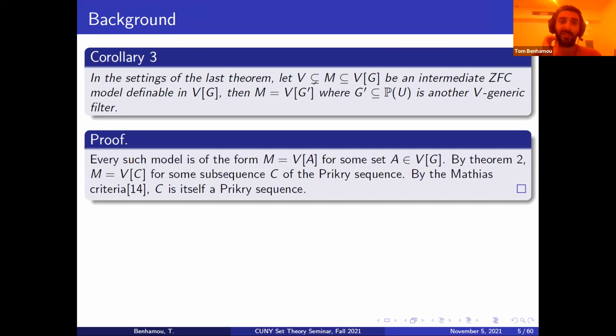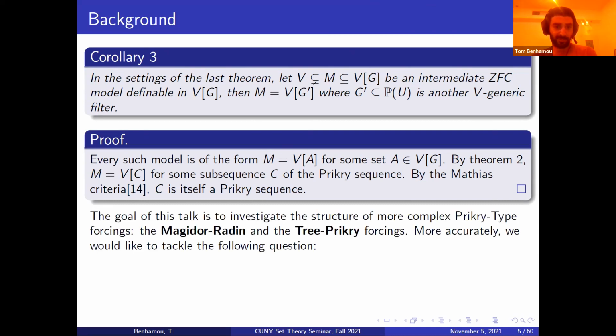Every such model is of the form V[A] for some set A in the generic extension. This is a well-known fact. By the previous theorem, it follows that M is of the form V[C] for some subsequence C of the Prikry sequence. And by the Mathias criterion, since we assume that M does not equal V, this subsequence C cannot be finite. So C is an infinite subsequence of the Prikry sequence, so it is itself a Prikry sequence. So this is a Prikry generic extension.